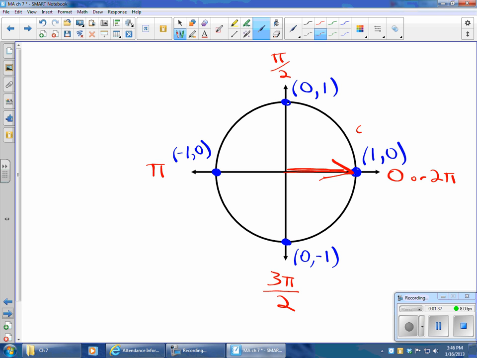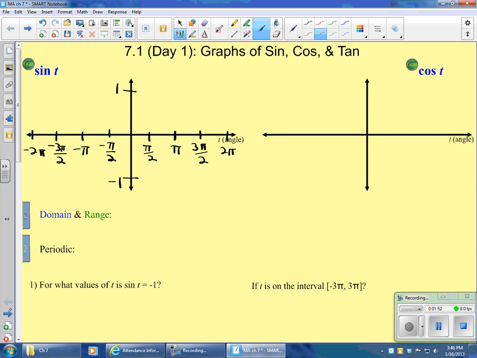Because remember, the coordinates go cos, sine, the coordinates of any point on the unit circle. So at 0 radians, no rotation, the sine is 0. So going back to my graph, that means basically I have a dot right at the origin.